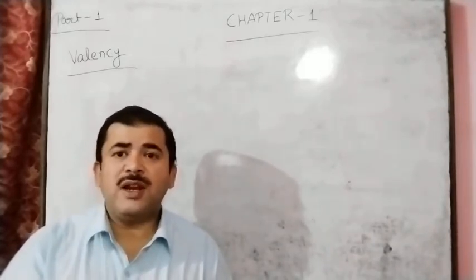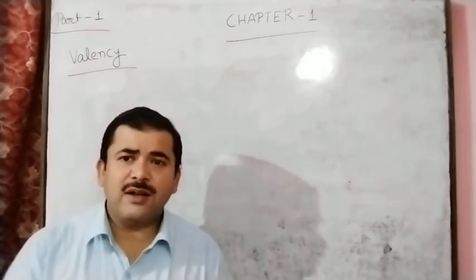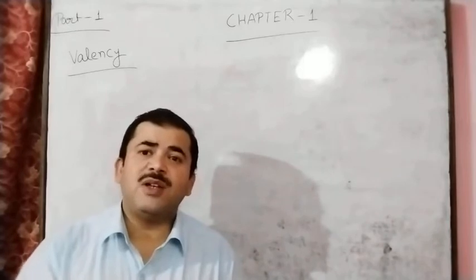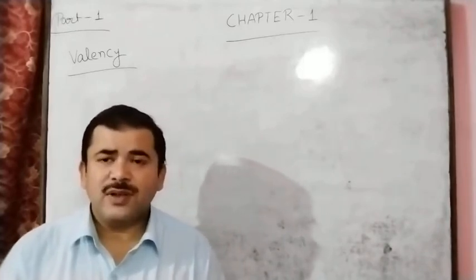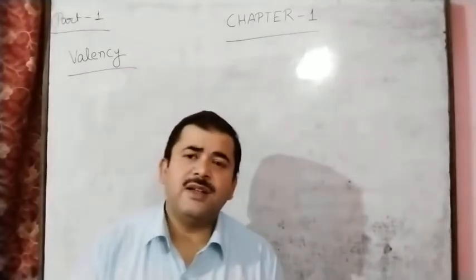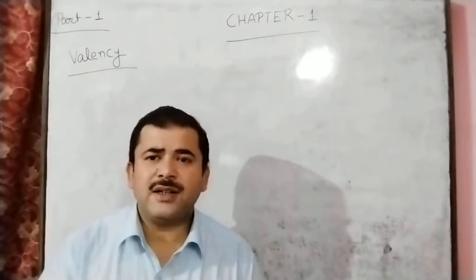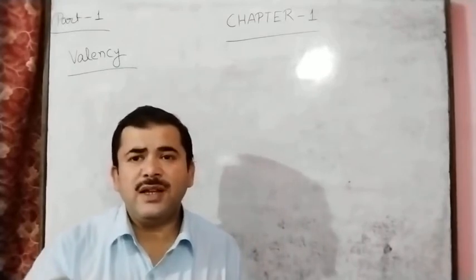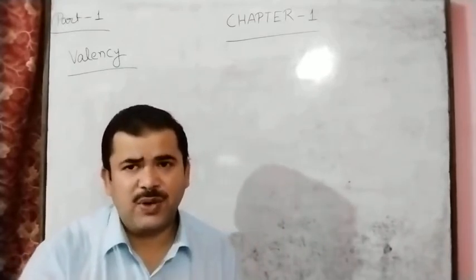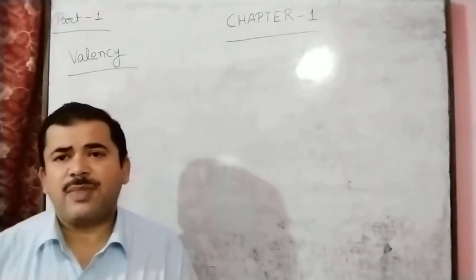How many hydrogen atoms are replaced from the atom means how many electrons are lost. So it is the same meaning. And the perfect definition: the atom loses, gains, or shares electrons so as to complete the nearest noble gas electronic configuration. This is the definition of valency.